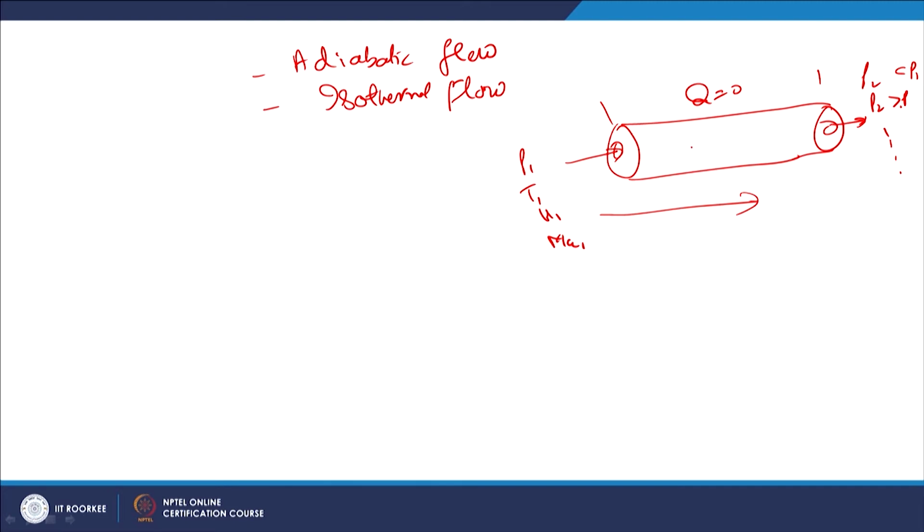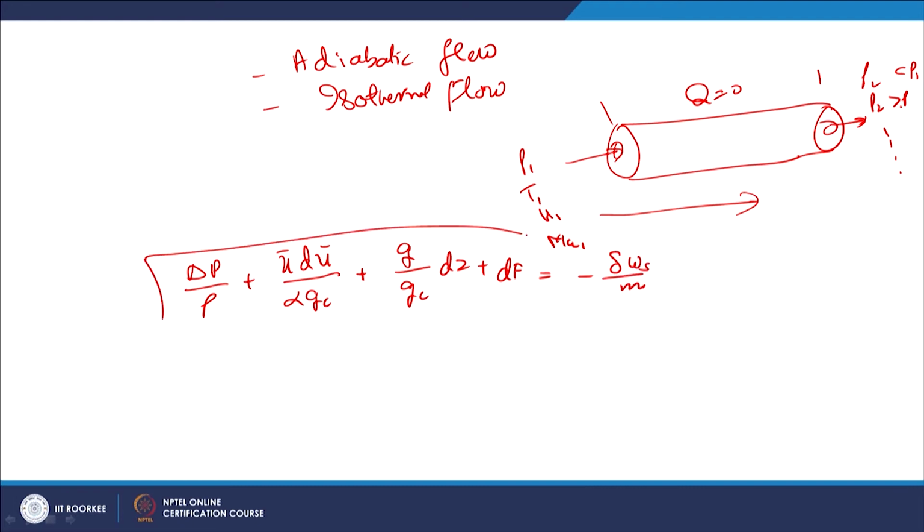These frictional forces increase the temperature of the gas. Hence, both cooling or heating of the gas during the flow is possible. In this way, we can write the mechanical energy balance equation: delta P upon rho plus bar U d bar U upon alpha Gc plus G upon Gc dz plus dF is equal to Ws upon m.